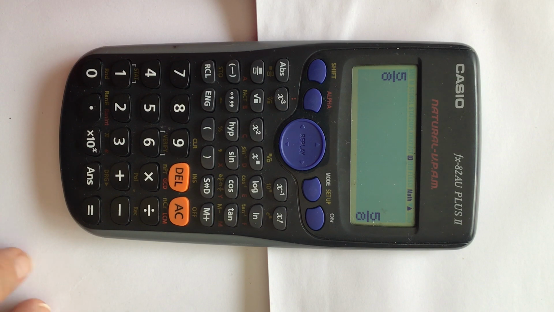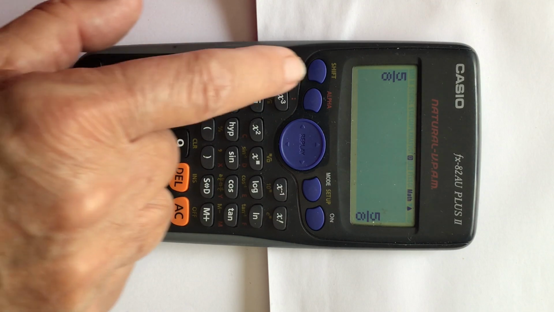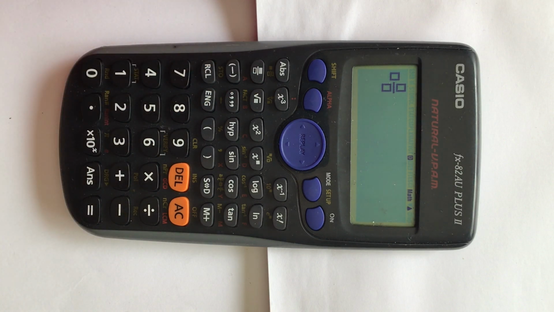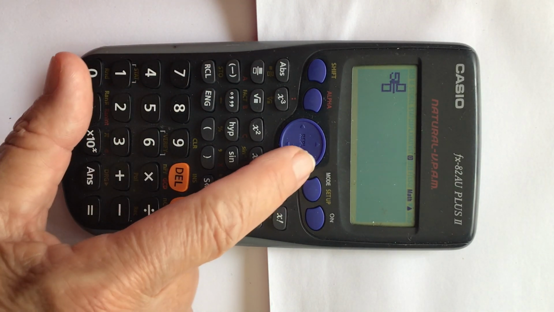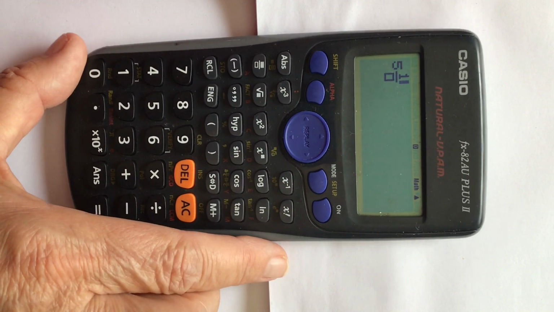Okay, if we want to put in what's called a mixed numeral, we have to press first shift and then that button, and then we put in 5, say, for example. Use our cursor, and we might do 5 and 1/2.